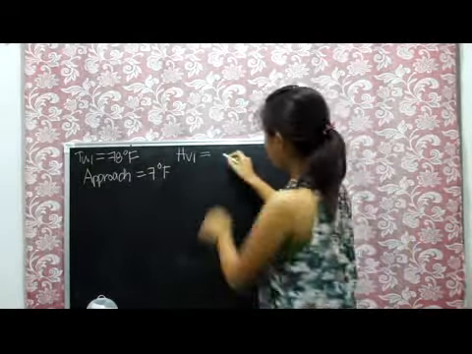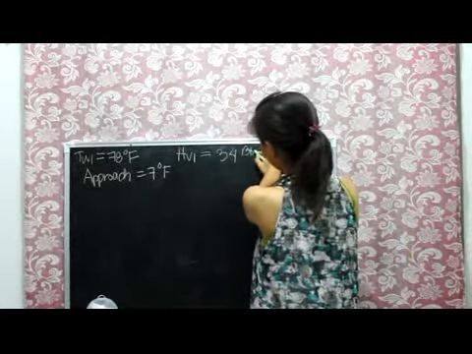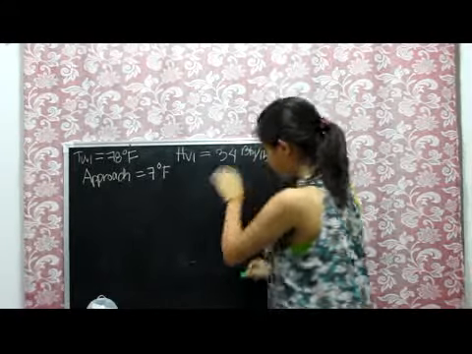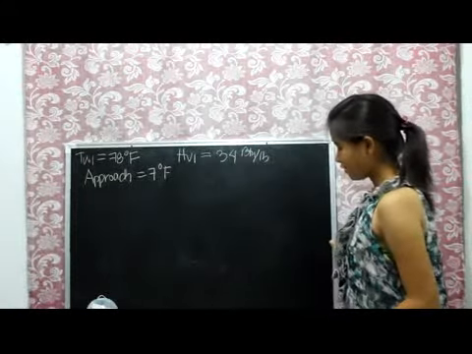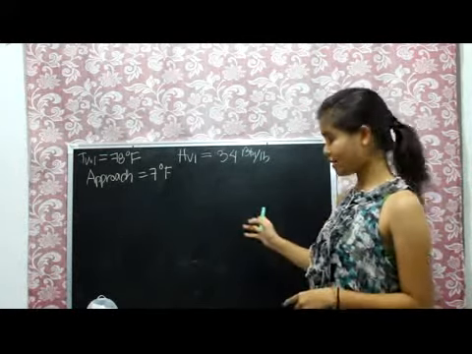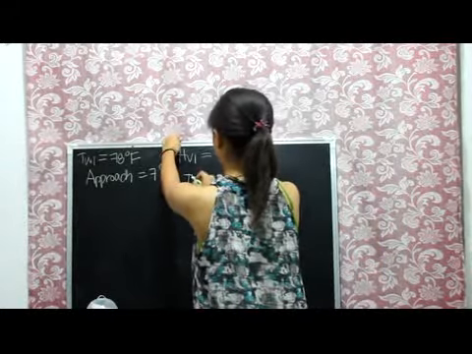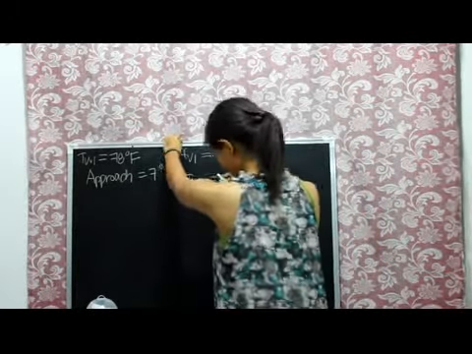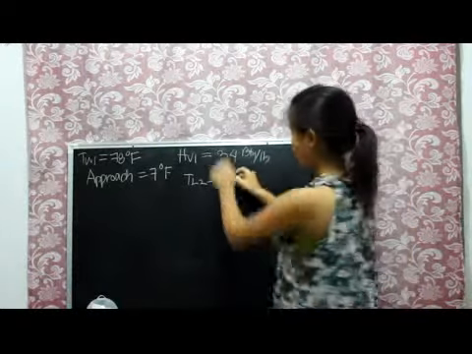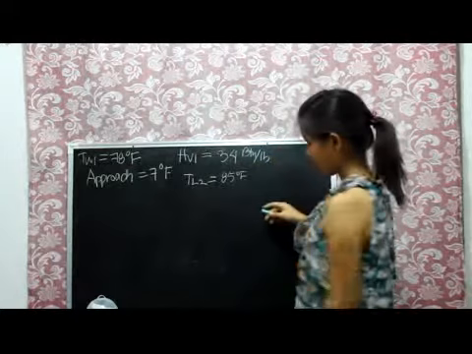HV1 is equal to 34 BTU per pound. And from the value of the approach, we could get the value of TL2. TL2 is equal to 85 degrees Fahrenheit.